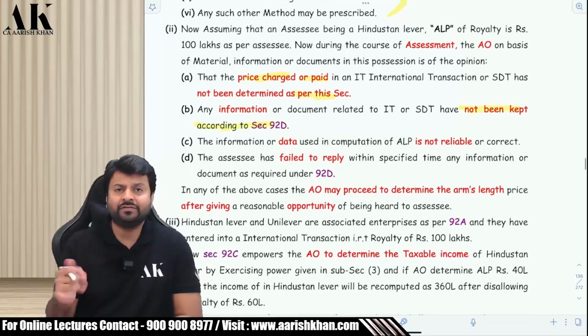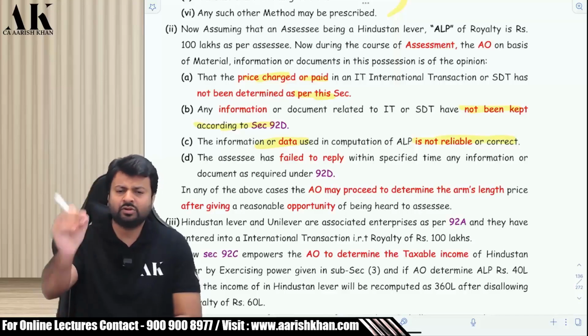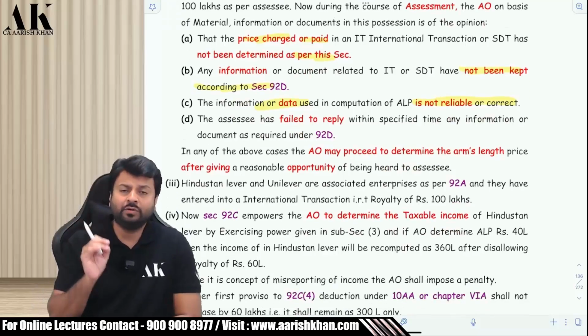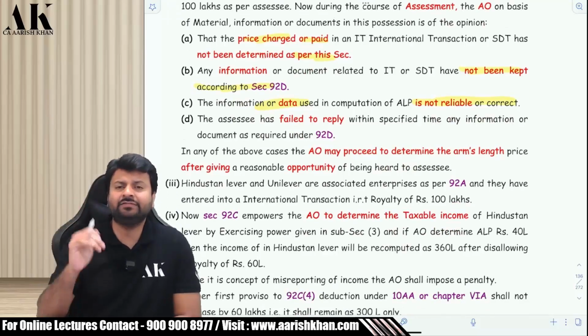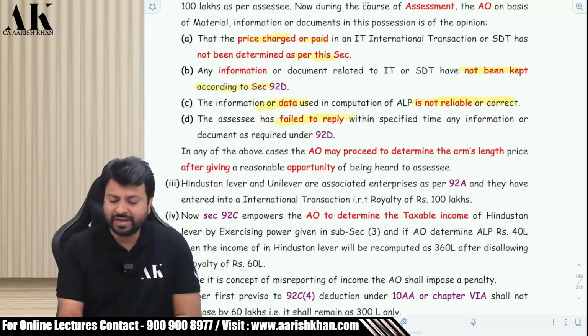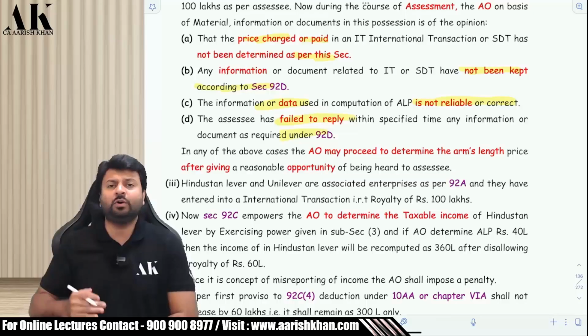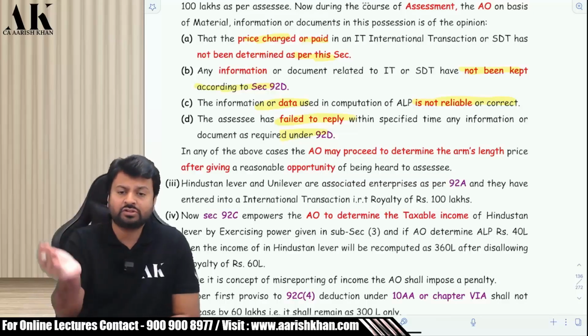Or if he has the opinion that the data which you have collected for computation of arm's length price is not reliable or not correct, so he can compute the arm's length price at his end. Or if he has asked for information from the assessee and the assessee has failed to reply within the time specified under 92D. If any of the four things are happening, then he will send you a show cause notice.